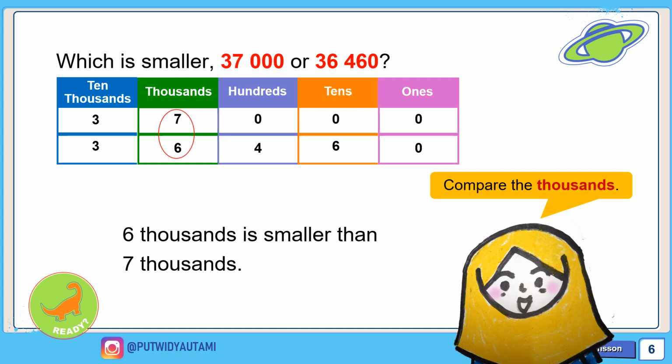Well, 6,000 is smaller than 7,000. So, we know that 36,460 is smaller than 37,000. So cool! Easy, isn't it?